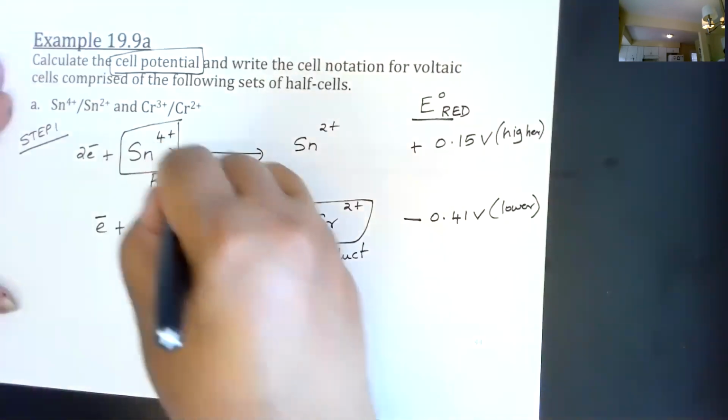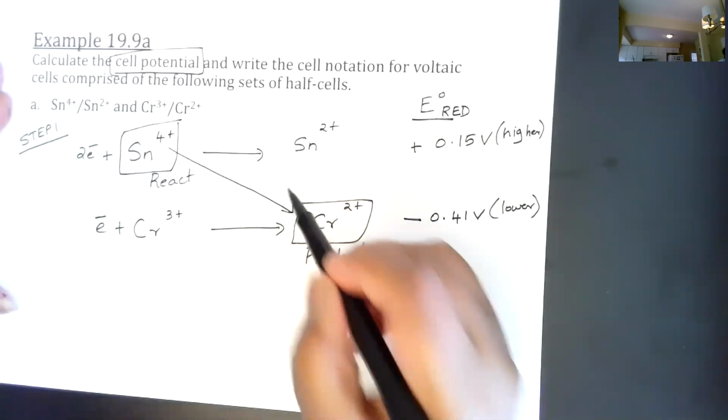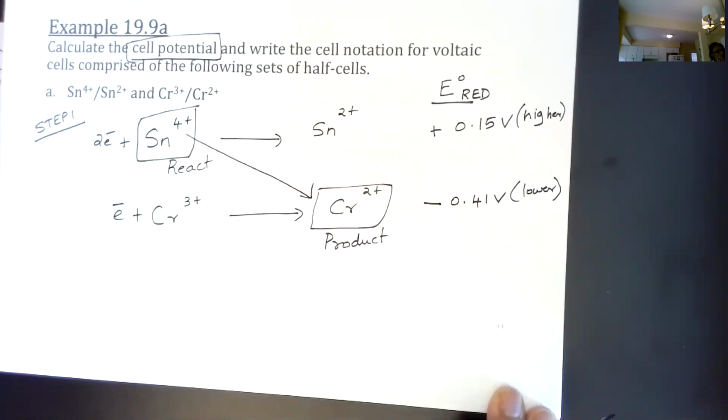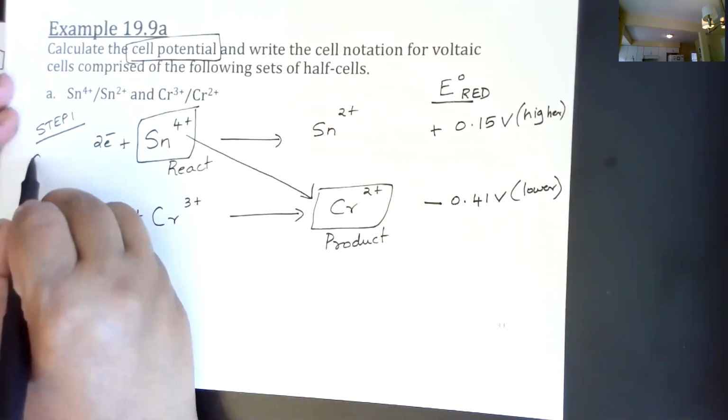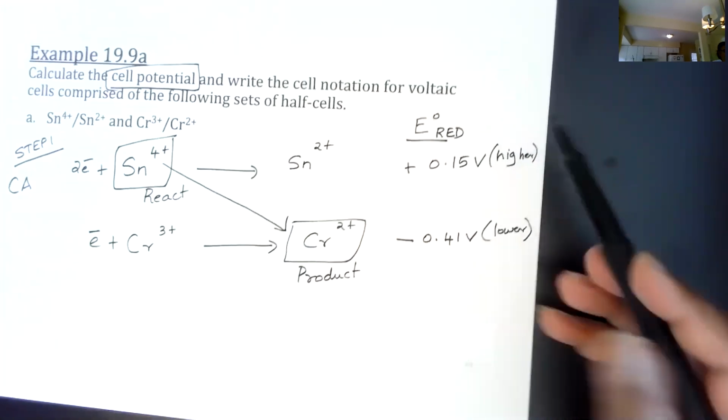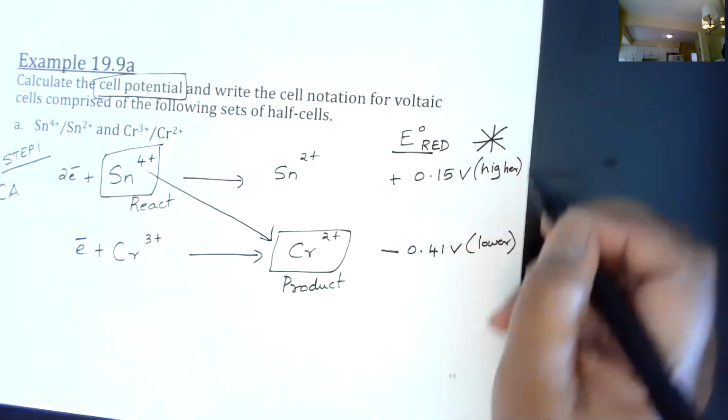The reactant can successfully react with Cr2 plus and make the reaction spontaneous. So make sure that you have the higher number up. It's so important if you're going to follow this rule.